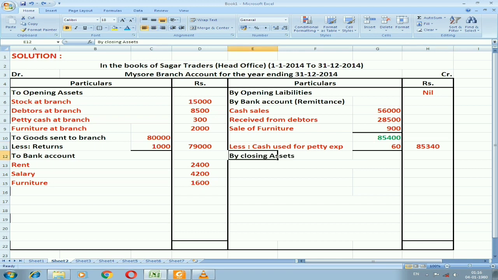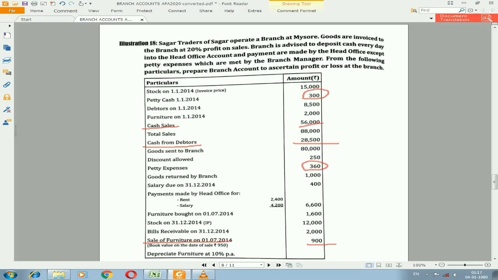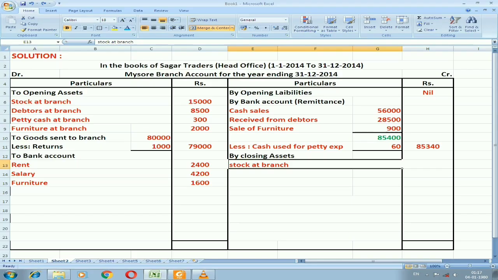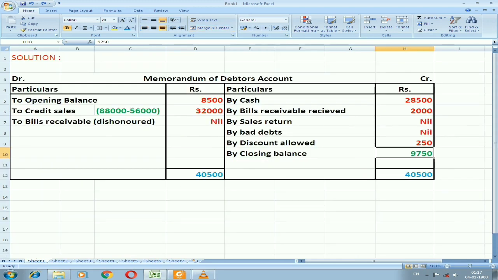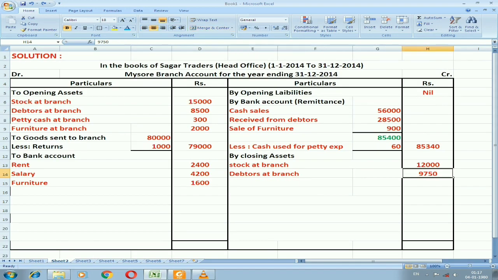Then I need to close the assets, as I have started with the stock at branch. Stock at branch closing balance they have already given, 12,000, and then debtors at branch, as we have found out, closing balance 9,750 we are supposed to take.